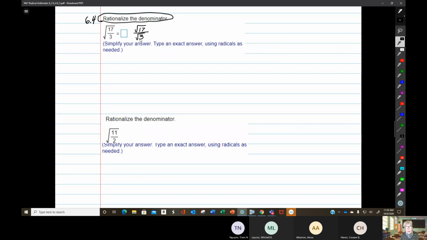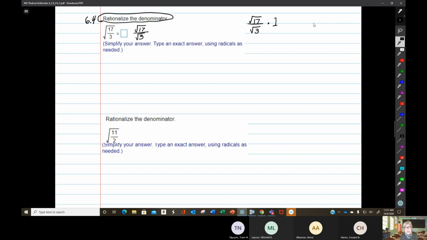The square root of 3 is an irrational number. Here's the process you use with square roots, which are always the easiest to deal with. The square root of 17 over the square root of 3 times 1.